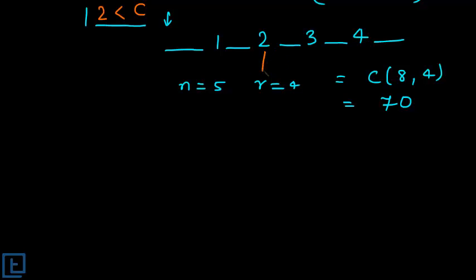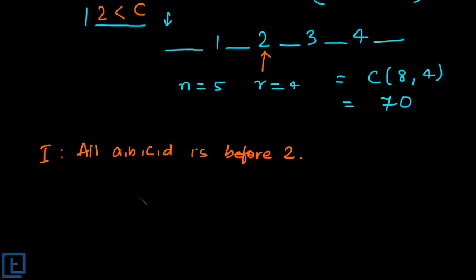Here this 2 is the threshold, and C should be performed somewhere after it. But in this 70, the violating cases are also considered. So the first case we will take, let's write it down, is that all ABCD is before 2.